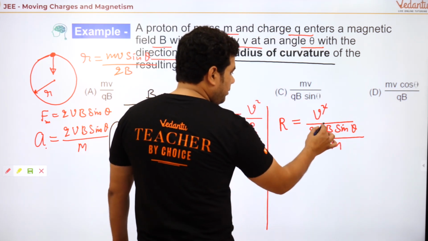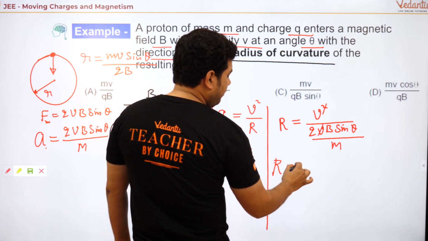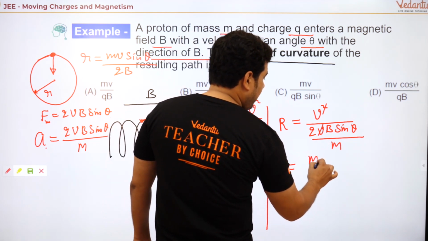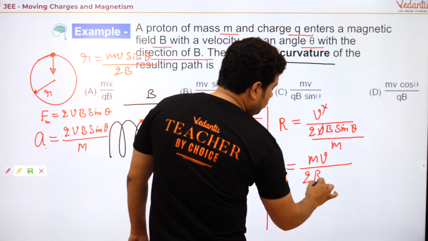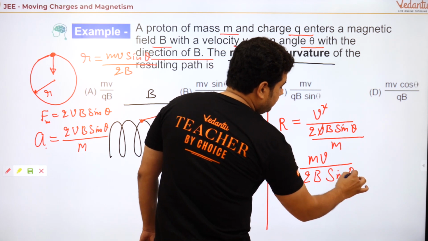And v will be cancelled out here, so radius of curvature you will get is mv divided by qB sin theta.